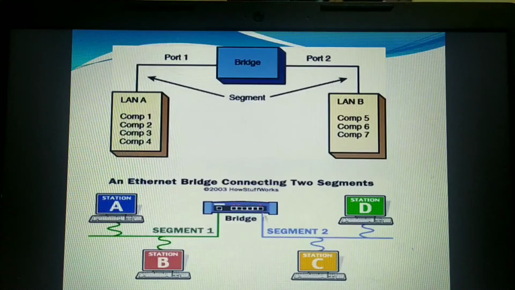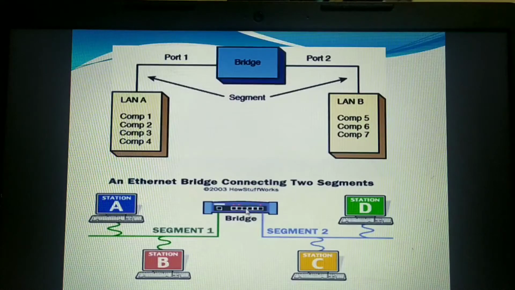Now here you can see this is a bridge. This is segment 1, that means one LAN segment or one sub-network. This is the second LAN segment. In the first LAN segment, 2 workstations are connected, and in the second LAN segment, 2 workstations are connected. Now let us see how exactly the bridge works.